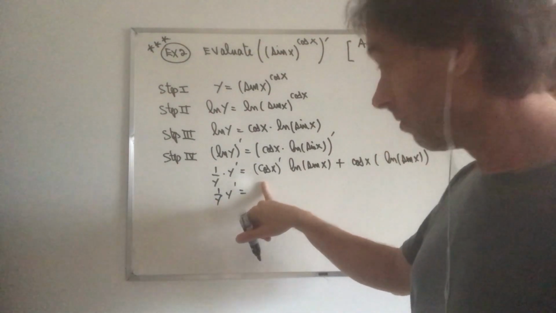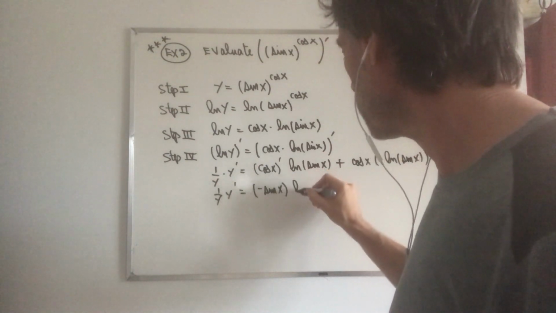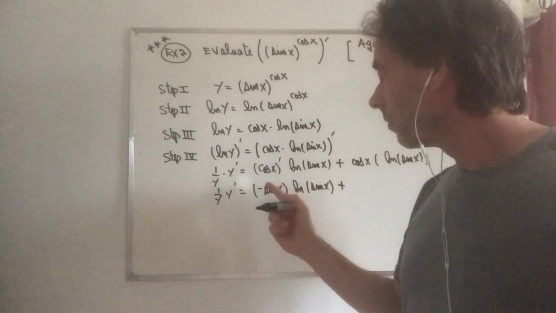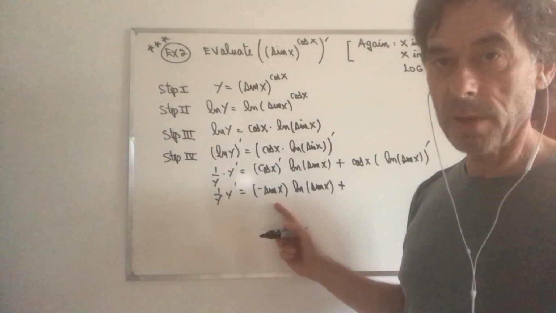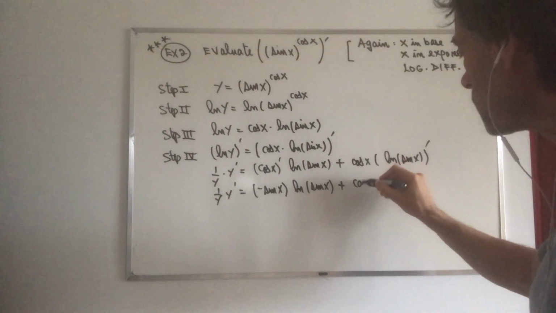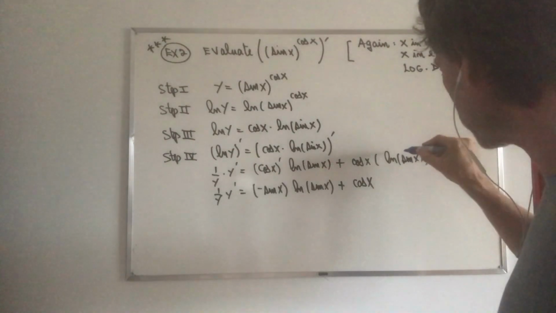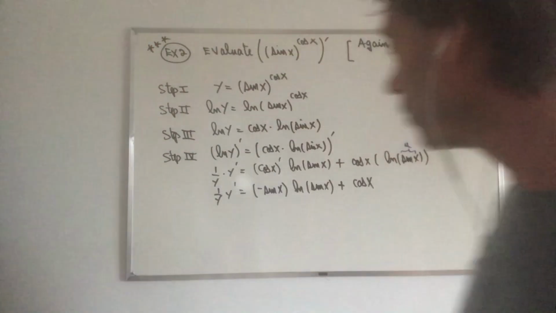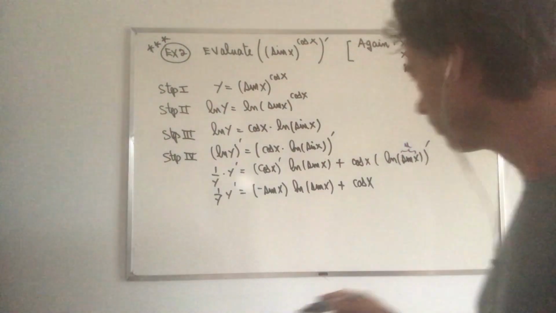So 1 over y, y prime becomes, we know this is one of our dear rules, I do believe, rule 10. It's minus sine x times the ln of sine x. When you do this, it's basically minus sine x times x prime. But x prime is what? It's 1, right? Okay, plus cos x. Now, I want to point out that when I derive ln of sine x, I'm actually deriving the ln of u. And what's the derivative of ln of u? That is rule 13.